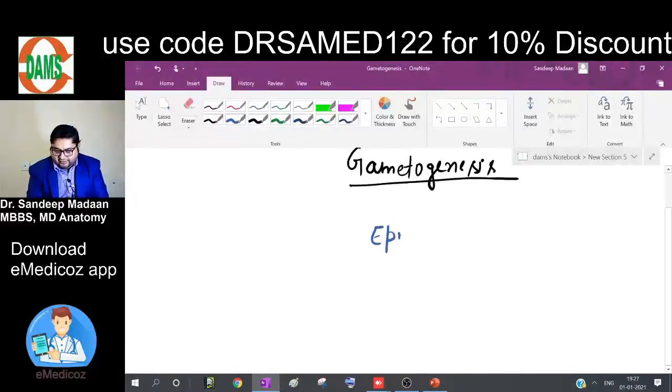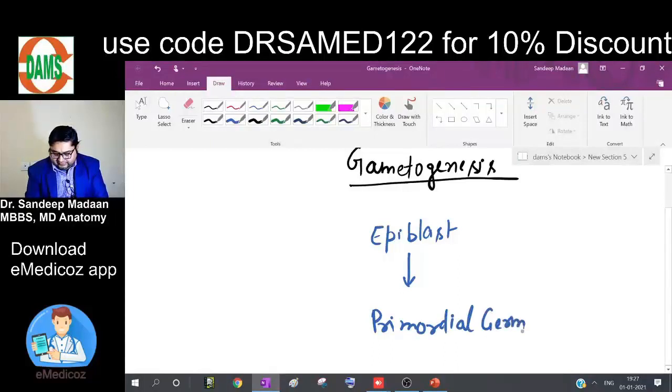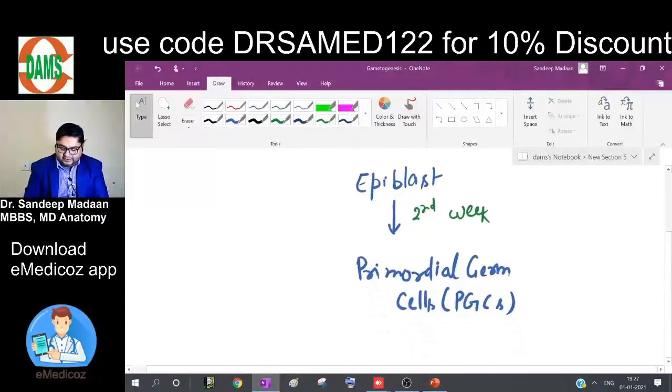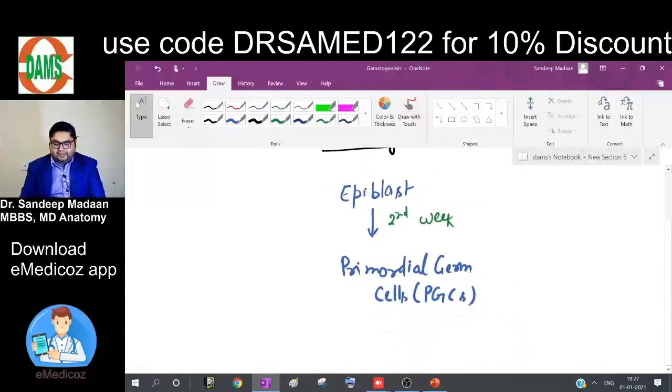So we have the epiblast, which makes primordial germ cells in the second week, and now the primordial germ cells will start migrating.